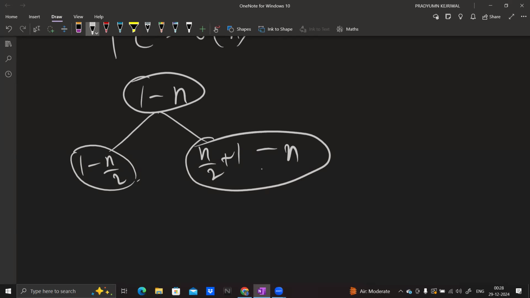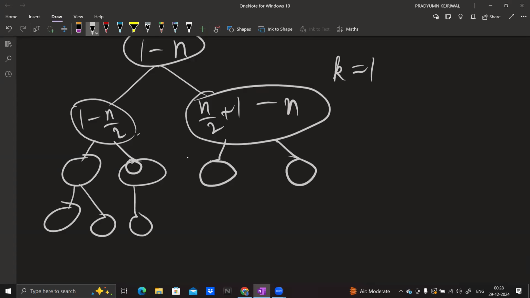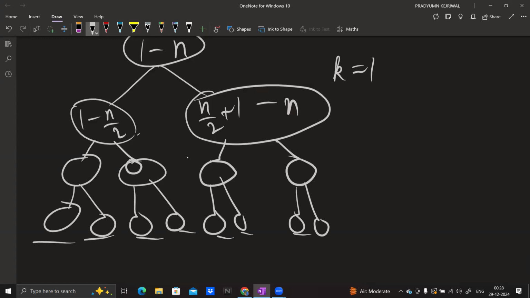Then again, we divide into two parts, up till we reach the size of 1 or k. If k is 1, then we do this process until the size reaches 1. All of these leaves, their size would be 1, right?